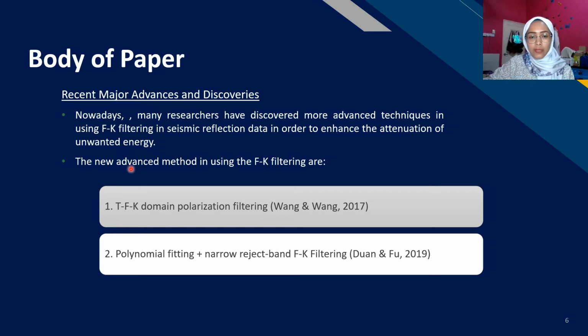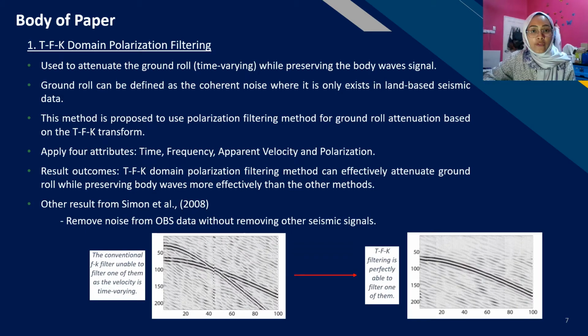The new advanced methods in using the FK filtering are the FK domain polarization filtering from Wang and Wang in 2017 and polynomial fitting plus narrow reject band FK filtering from Duan and Fo in 2019. The first advanced method of FK filtering is the FK domain polarization filtering.